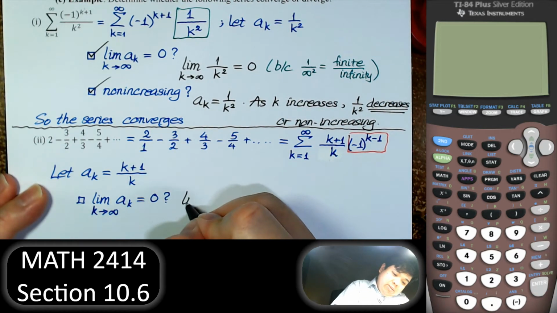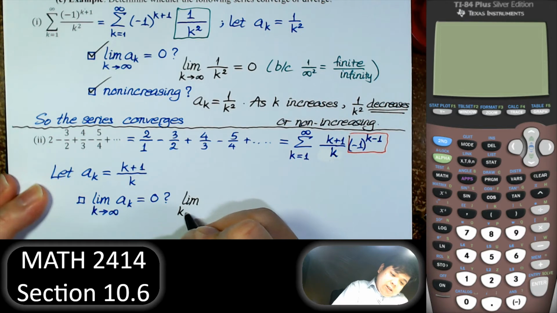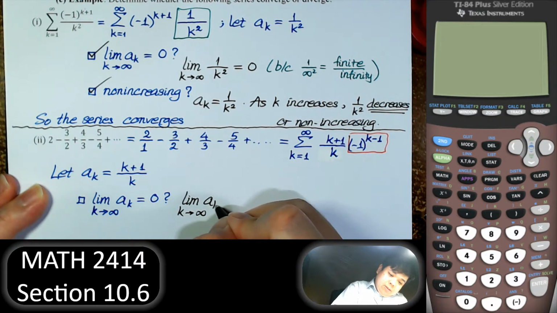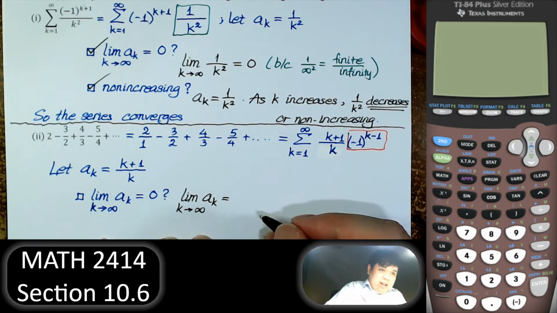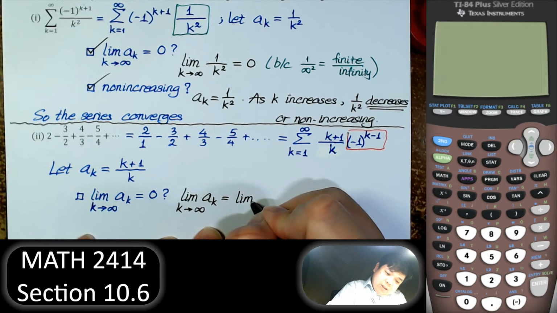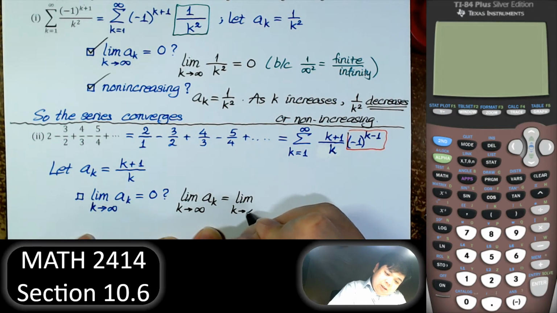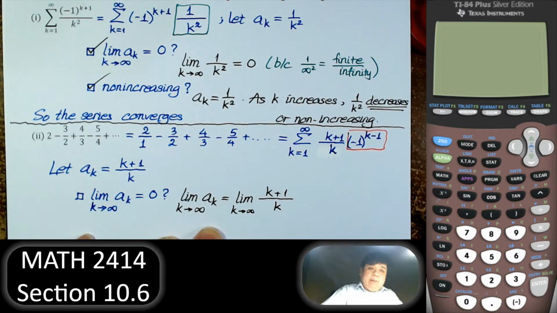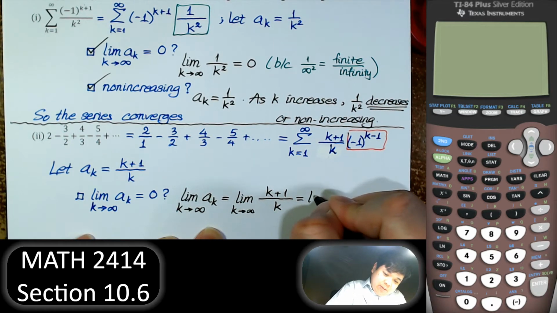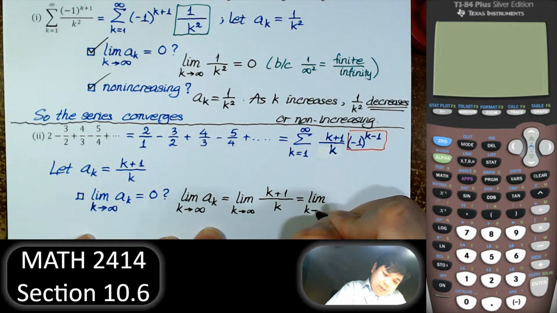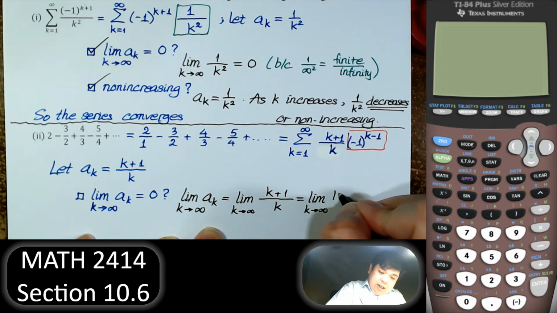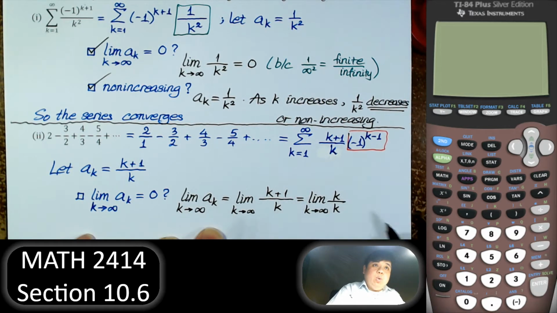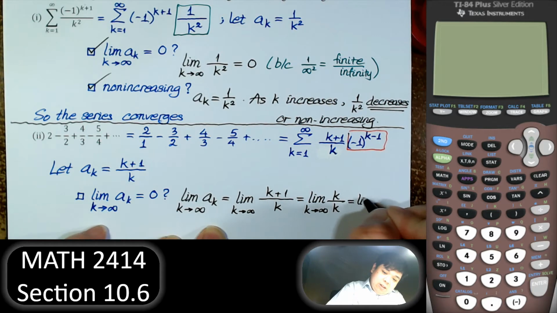So we'll take the limit of h of k, and that equals the limit of k plus 1 over k. Now, we have a polynomial, so we'll take the highest power on the top and the highest power at the bottom. We have k on the top, k at the bottom, which cancel out to 1.